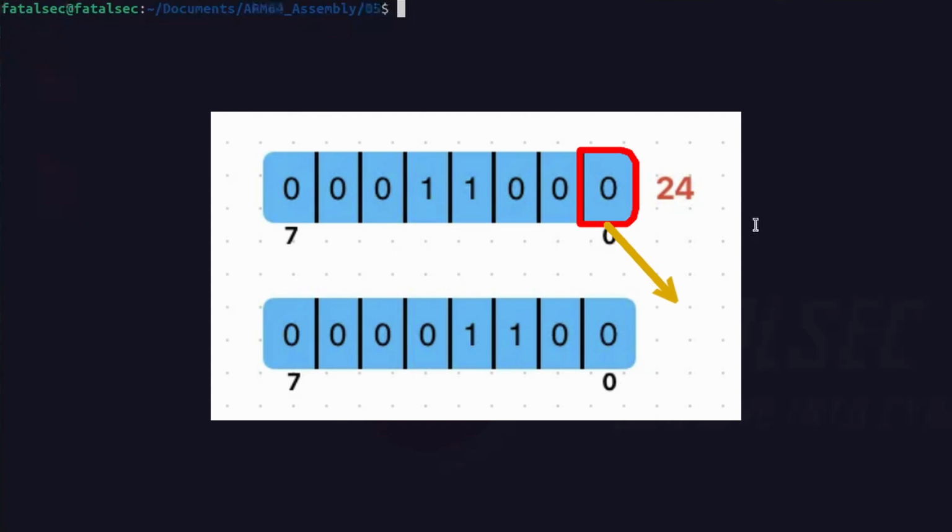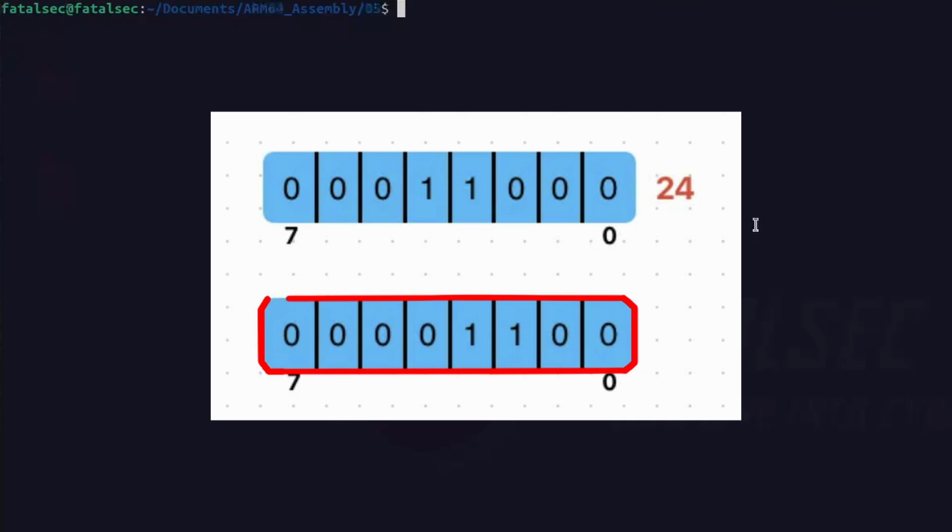We don't have to bother about this bit anymore. And at this place we now get the bit which is at the first position, that is 0. Similarly, at the first position, we will now get the bit which is at the second position, right? Then at the second position, we will get the bit which is at the third position, which is 1, and so on. So in the end, we will have 00001100, which is 12 in decimal, right?